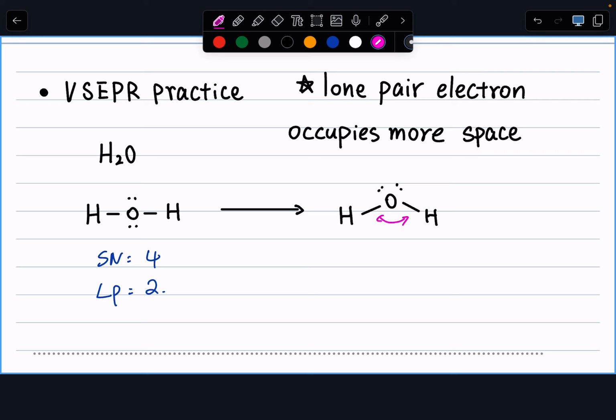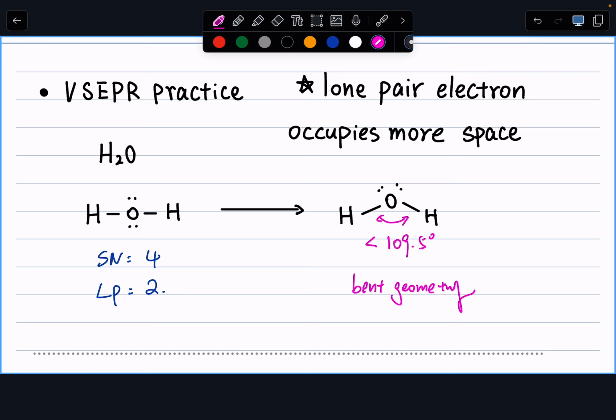So here we say in the bent geometry, the HOH bond angle is going to be smaller than 109.5. And it's a bent geometry. All right, so this is just a quick refresher on your memory of VSEPR.